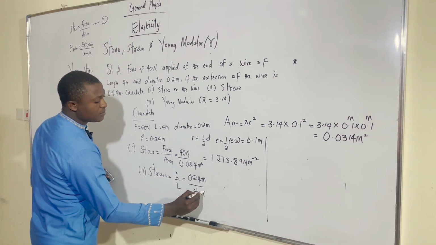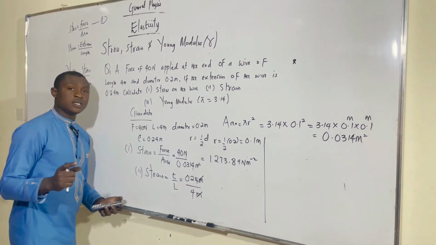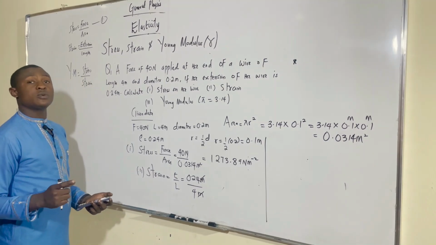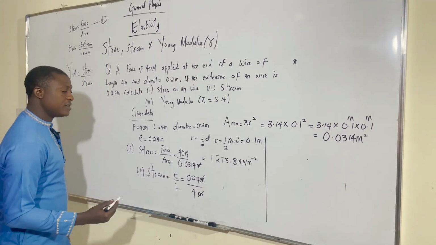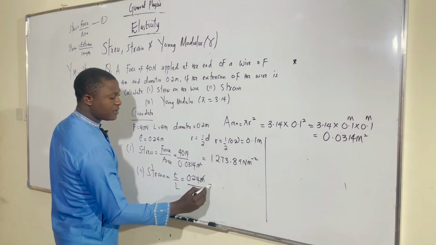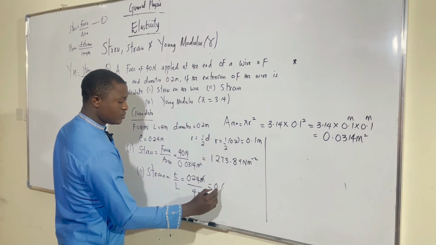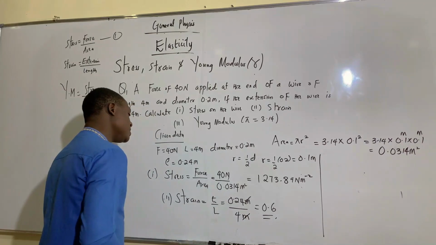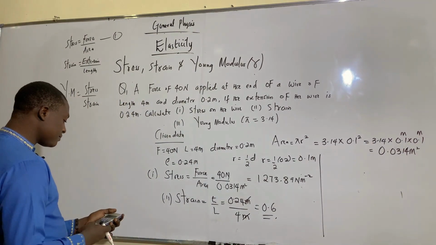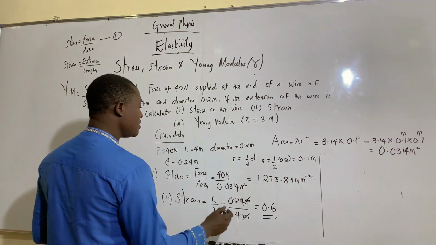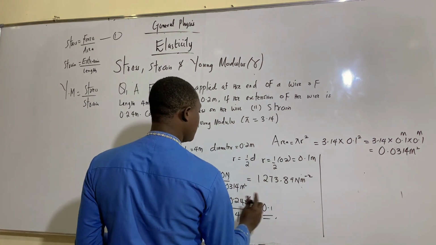You can see meter cancels meter here. That's why the strain doesn't have any unit, because the unit of extension cancels the unit of length since they are the same. So 0.24 divided by 4, meaning our strain is equal to 0.06.